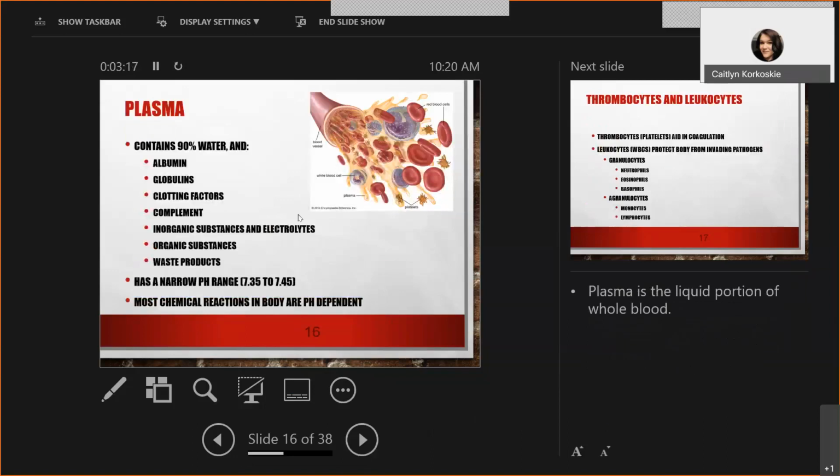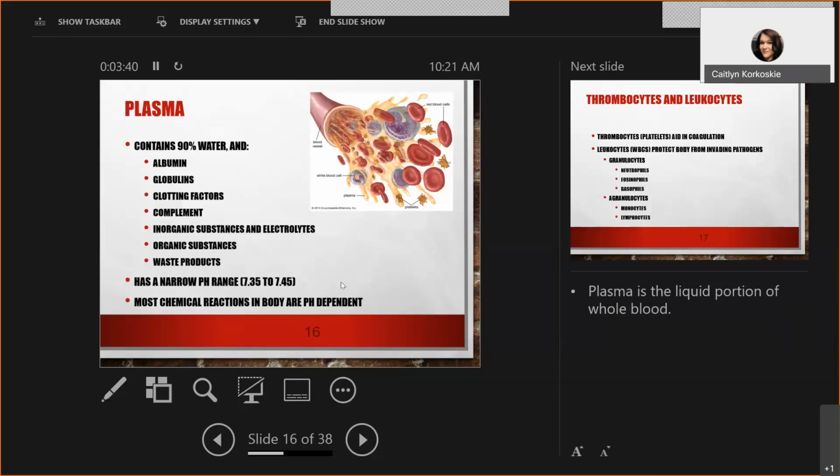Plasma is 90% water and made up of albumin, globulins, clotting factors, organic substances, and waste products. The pH range should be about 7.35 to 7.45 for it to be stable.